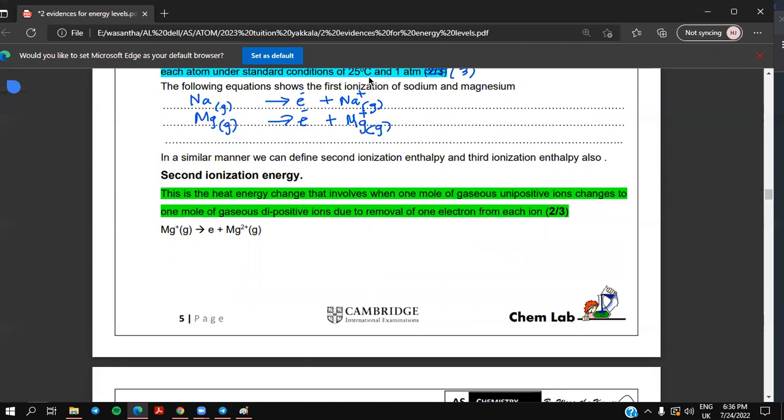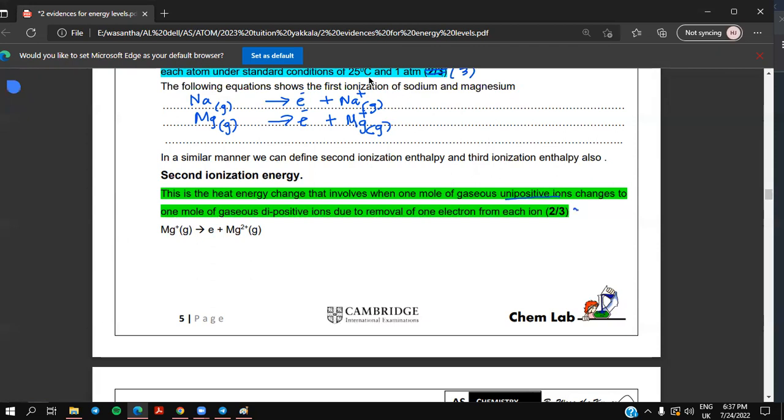Unipositive gaseous ions. Second ionization energy is this. This is a heat energy change that involves when 1 mole of gaseous, not atoms, when 1 mole of gaseous unipositive ions changes to 1 mole of gaseous dipositive ions due to removal of 1 electron from each ion.